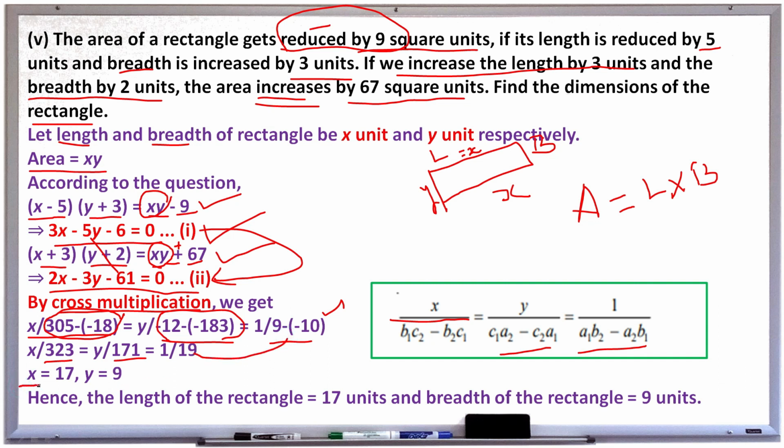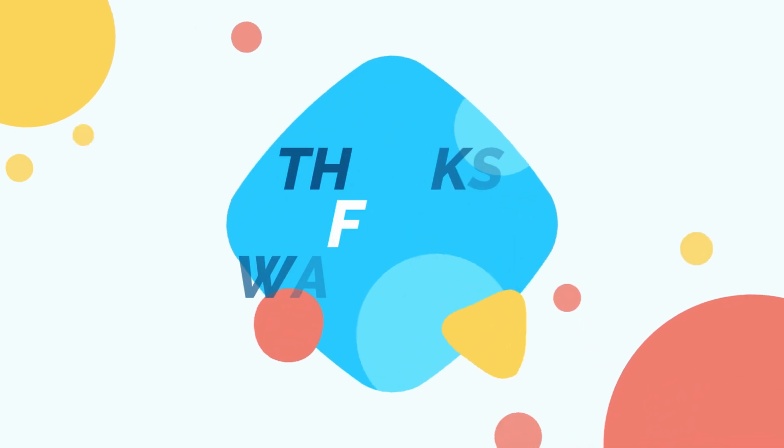So x is equal to 17 and y is equal to 9. So the length of the rectangle is 17 and width of the rectangle is 9 units. This is the dimension of the rectangle. Thank you.